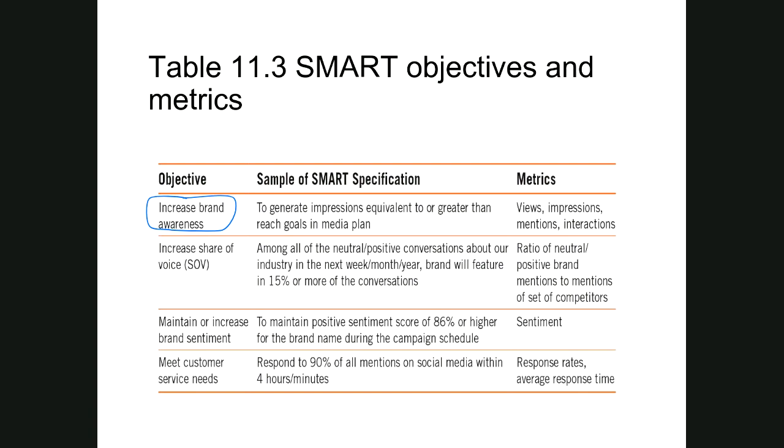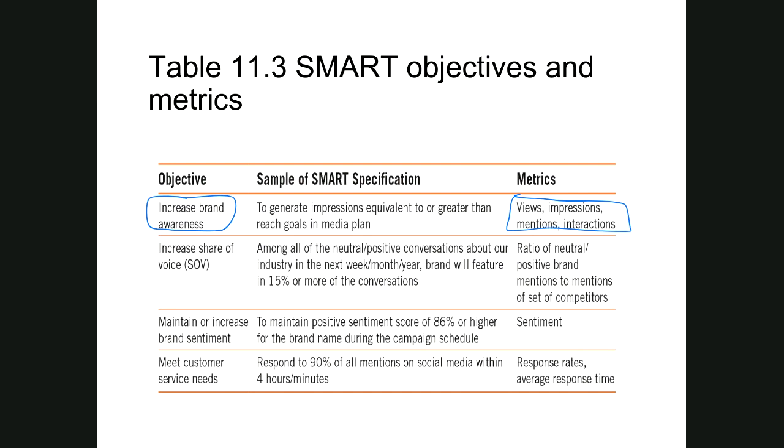Therefore, as you saw earlier, we measure these depending on the platform, right? So that's it. We measure month over month to see if we are improving, getting more or less. And that's our main objective.